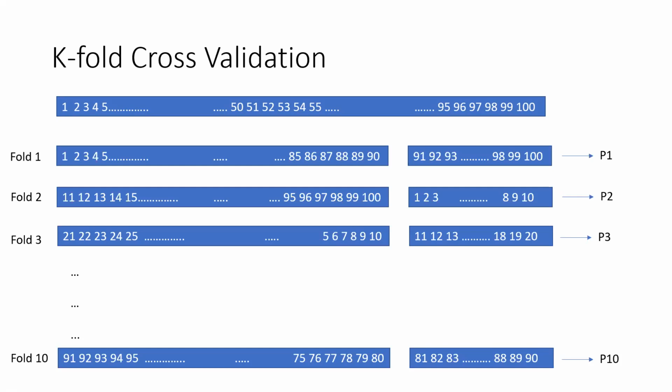The right way to compare is that you pass the same training fold to both the classifiers. So if we are looking at fold 1, then classifier 1 and classifier 2 should see the same training fold and should be tested on the same test fold.